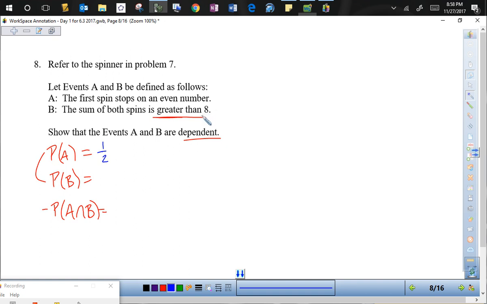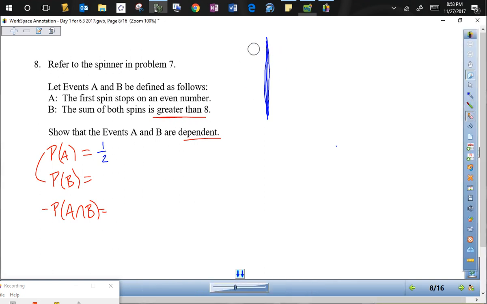So my first spin, I can't use 1 paired with anything because I've only got 6 choices, and if I map 1 to 6, that doesn't give me a sum greater than 8. In fact, 2 doesn't work either because that's not greater than 8. It's exactly 8. So I can only start at 3, 4, 5, 6.